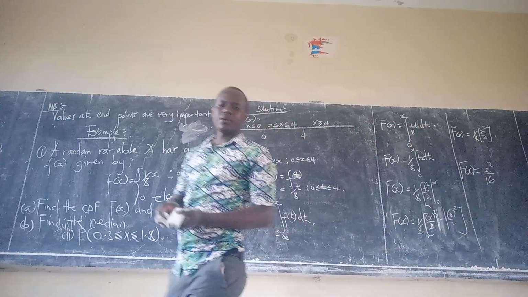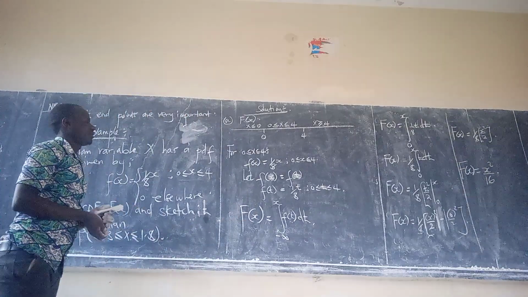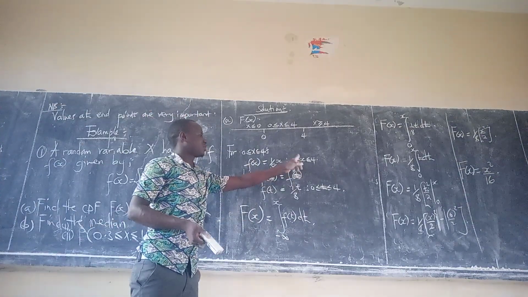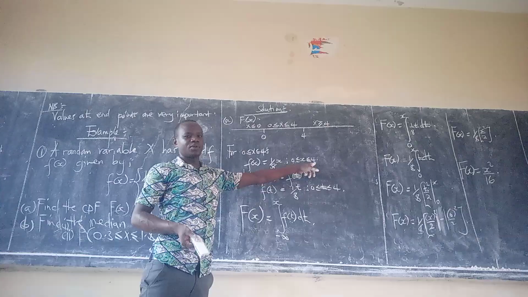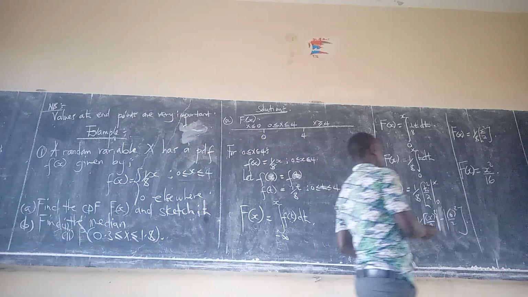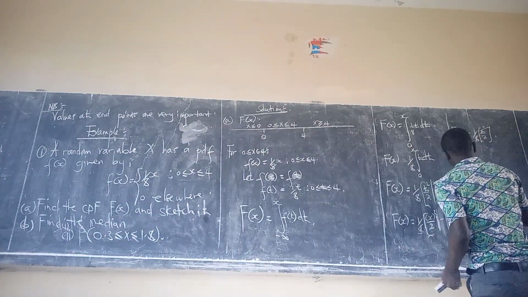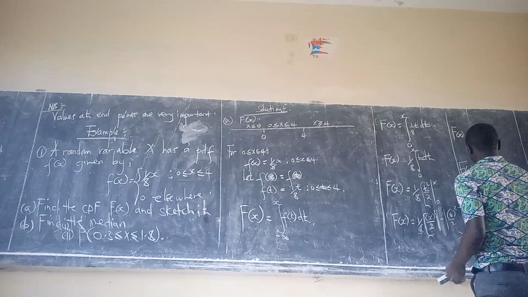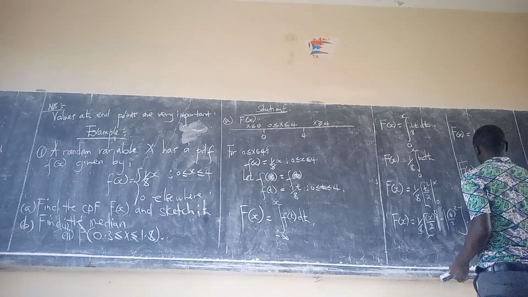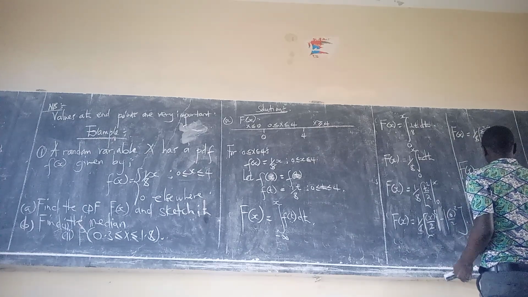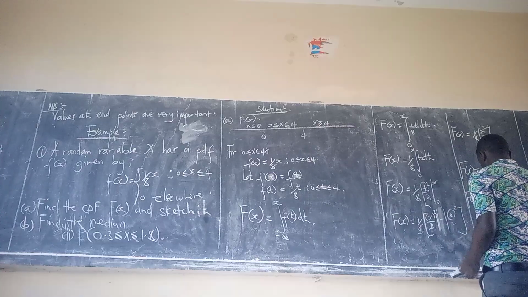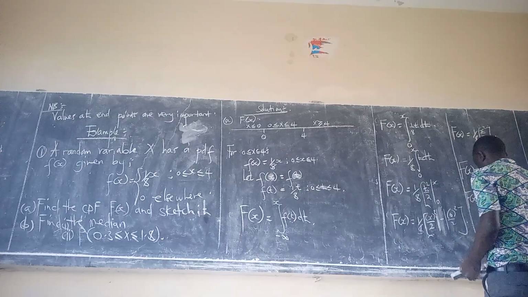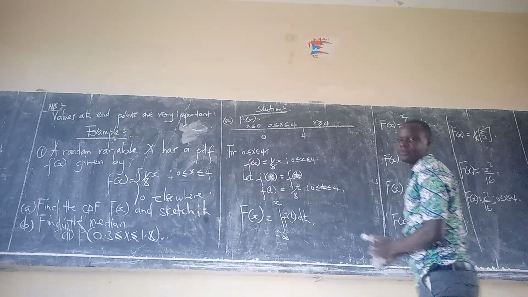So that is the capital F of x for the interval 0 less than or equal to x, less than or equal to 4. Now I will quote it and say my capital F of x is x squared over 16. This is when x lies between 0 and 4.